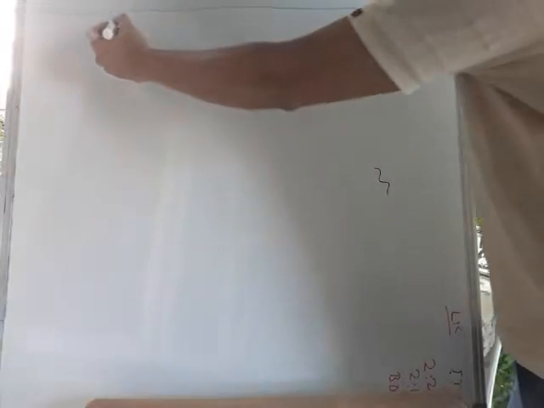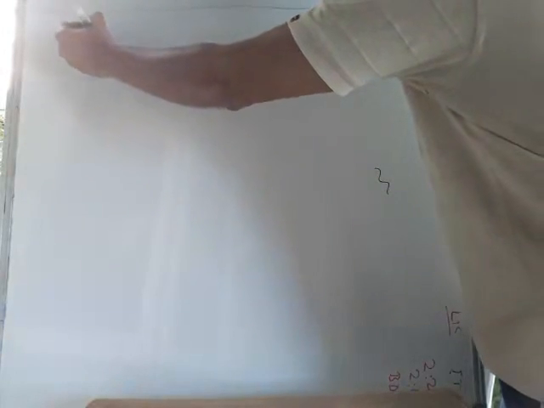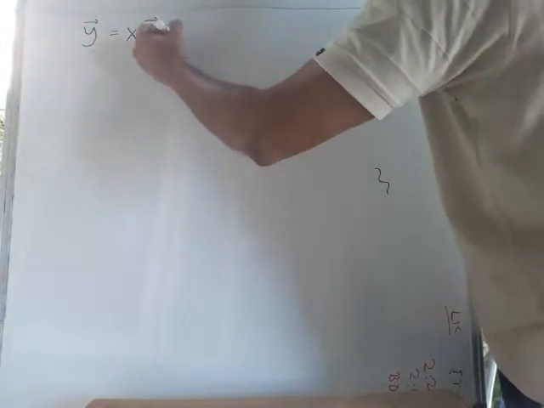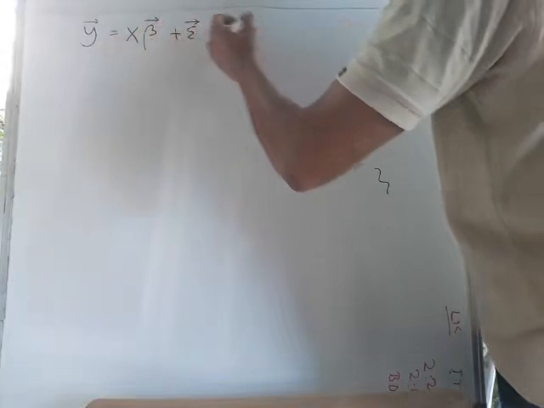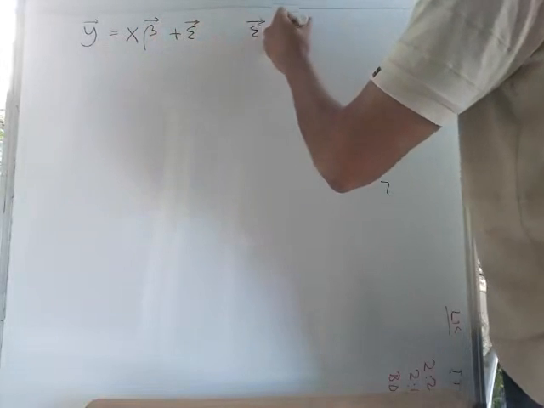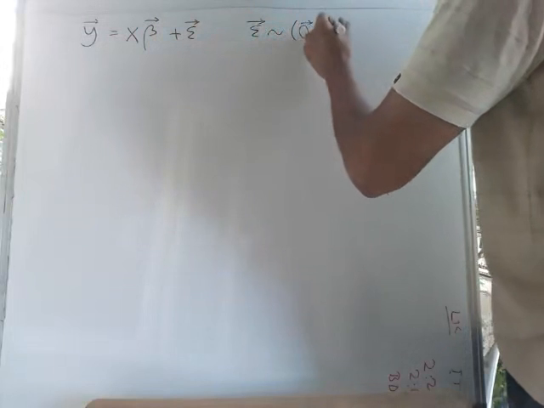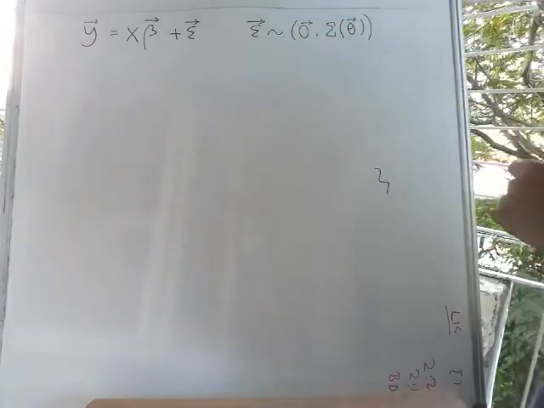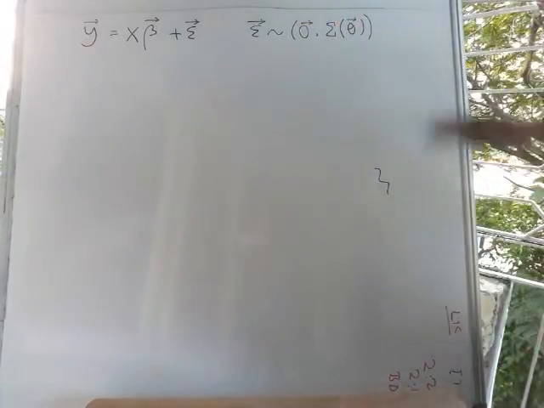Now for this technique, we start with y equal to x beta plus epsilon, where epsilon has mean 0 and variance given by some particular structure. Now we assume that we have two things.